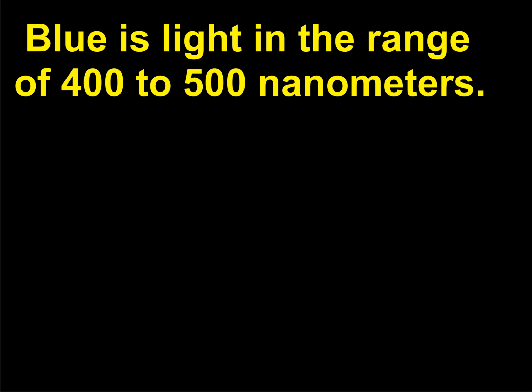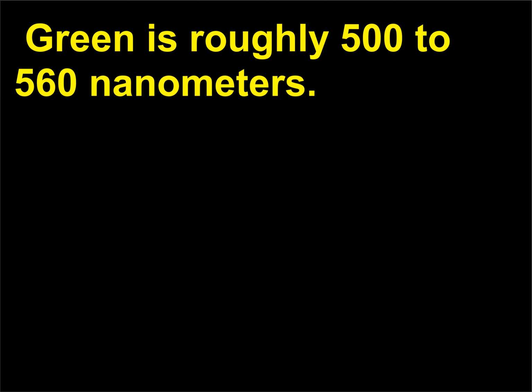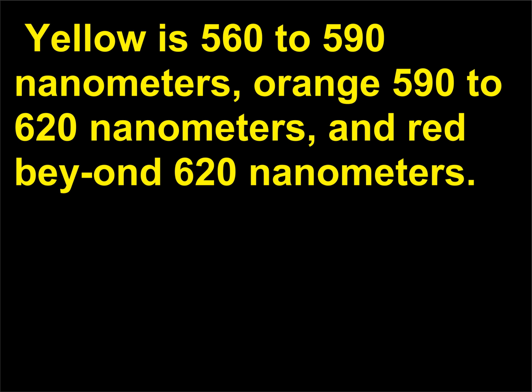Blue is light in the range of 400 to 500 nanometers. Green is roughly 500 to 560 nanometers. Yellow is 560 to 590 nanometers, orange 590 to 620 nanometers, and red beyond 620 nanometers.